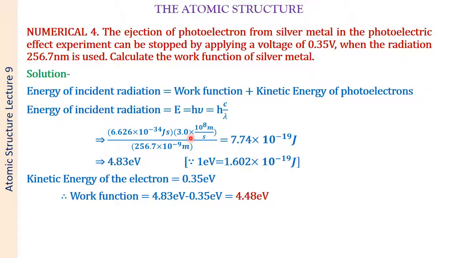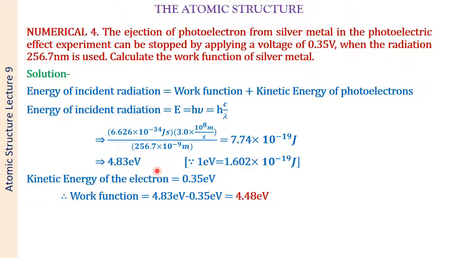And putting the values, because you are given the wavelength to be 256.7 nm or 256.7 into 10 power minus 9 meter, you will get the energy of the incident radiation to be 7.74 into 10 power minus 19 joules. And if you are converting it into electron volts, you will divide this by 1.602 into 10 power minus 19 joules, and you will get this as 4.83 electron volt.